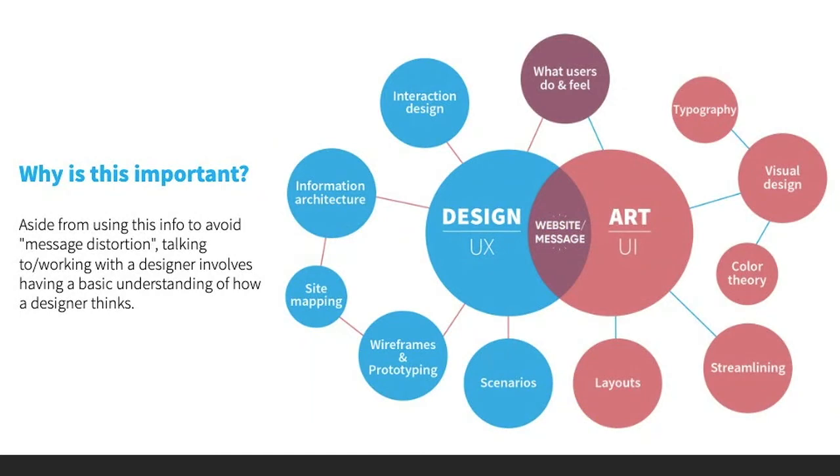So again, we ask the question, why is all of this important? Well, aside from using all this information to avoid message distortion, talking to and working with a designer involves having a basic understanding of how a designer thinks.